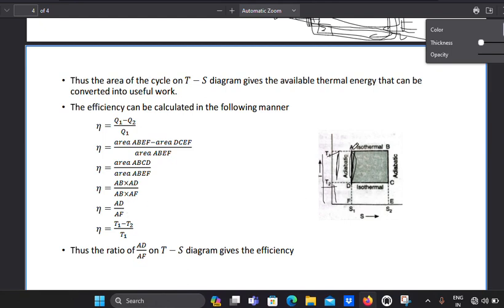AF, here to here, is T1. So T1 minus T2 by T1. So like this we can get the efficiency from this TS diagram. So the ratio of AD by AF on the TS diagram gives efficiency. On the PV diagram also it gives efficiency, and on the TS diagram it gives efficiency.